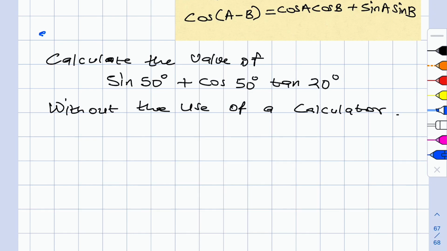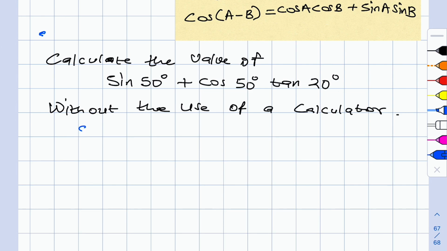Let's look at this very interesting question. The question is, calculate the value of sine 50 plus cos 50 multiplied by tan 20 without the use of a calculator. What we're going to do here is change tan to be sine over cos, so it's going to be sine 20 over cos 20.